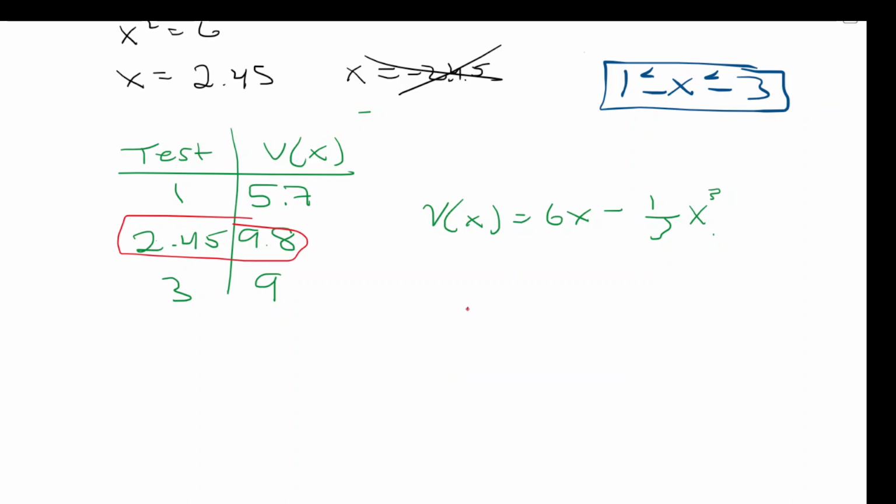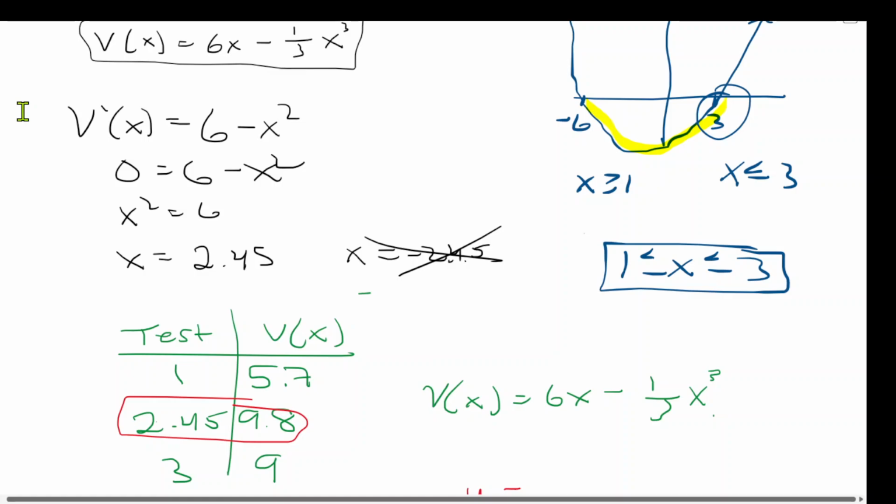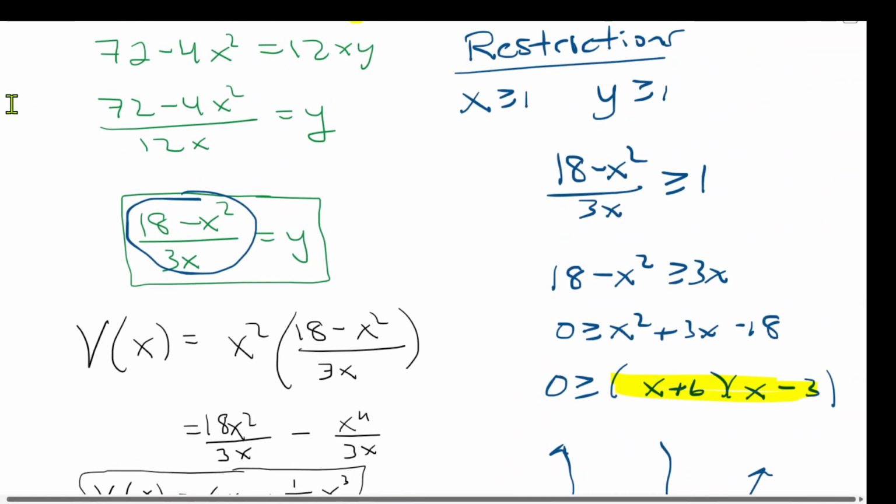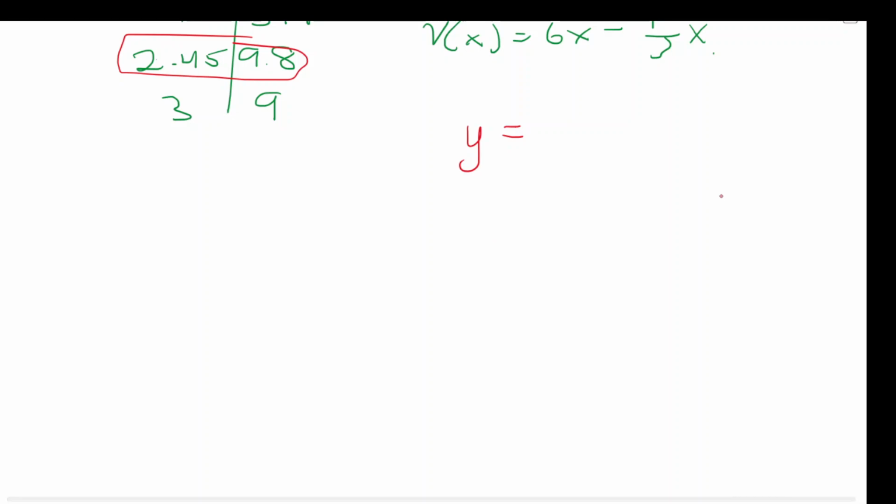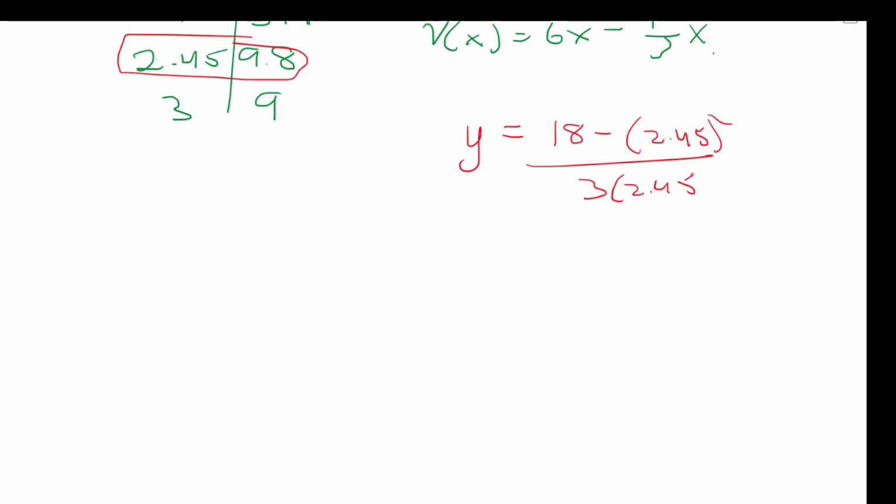And then I do still need to figure out what the other dimension of the box is. So again, I'm going to use y equals my constraint equation, 18 minus x squared divided by 3x. And I'm going to calculate that y is 1.6 approximately.